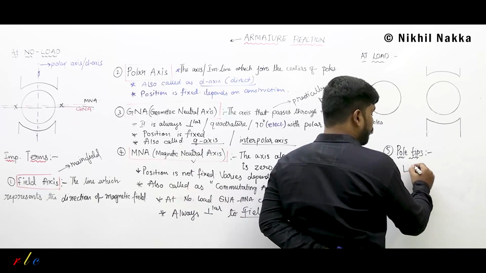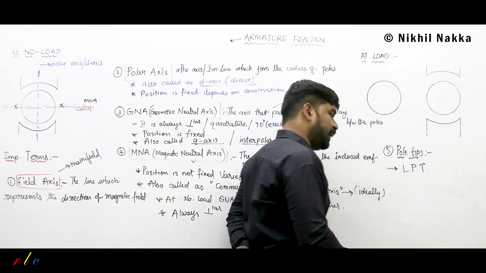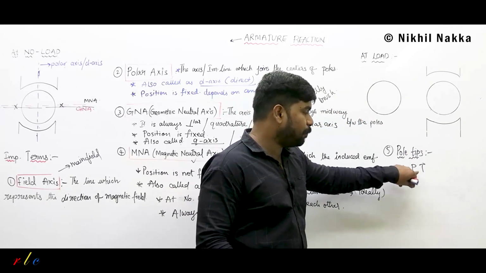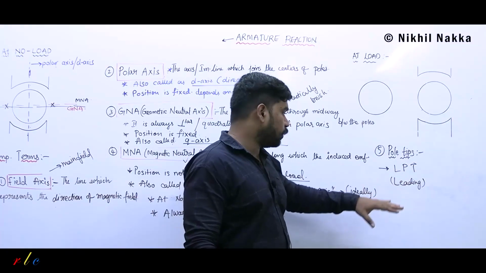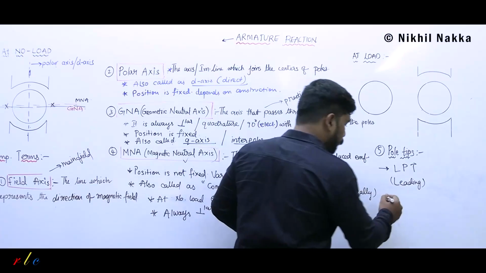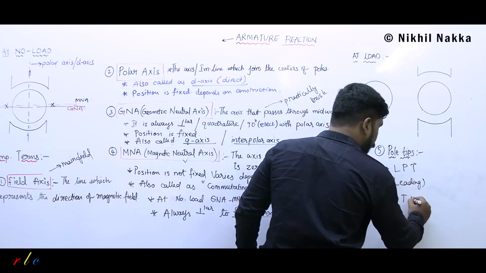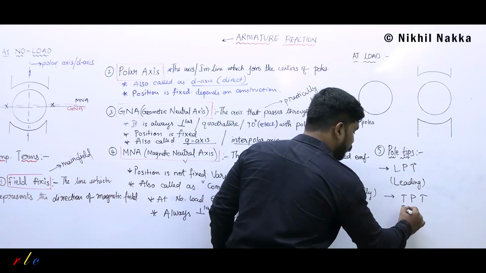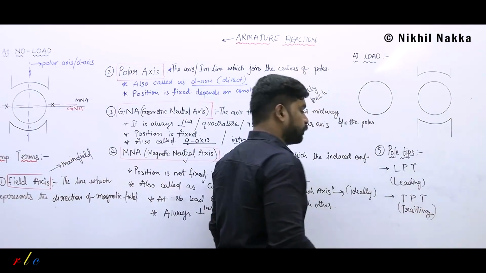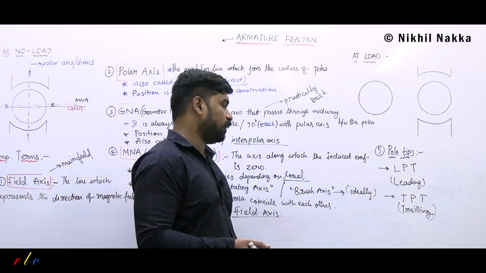You have LPT. LPT means leading pole tip, where PT means pole tip. And next there will be another pole tip, TPT, the same pole tip, where T means trailing pole tip. Leading pole tip and trailing pole tip.